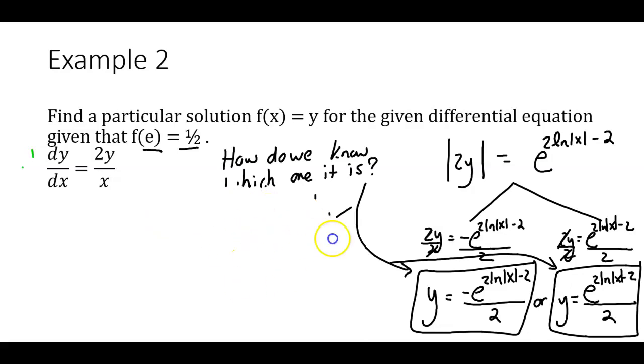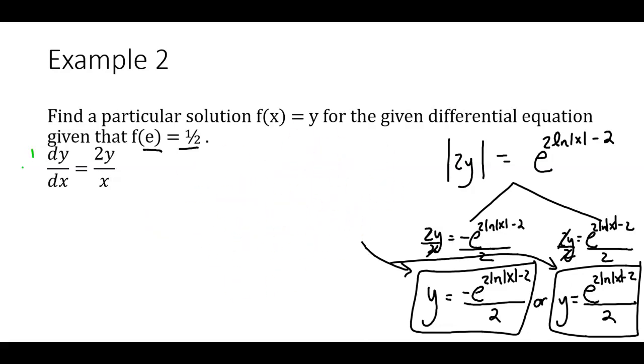So here we go. Let's start with the negative one first. So I'll test this guy first. y equals negative e to the 2 times ln of absolute value of x minus 2, and all that's over 2. Okay, so I'm going to replace the y with a half, and then I'm going to replace the x with an e. And then I'm going to see, does this actually work out?